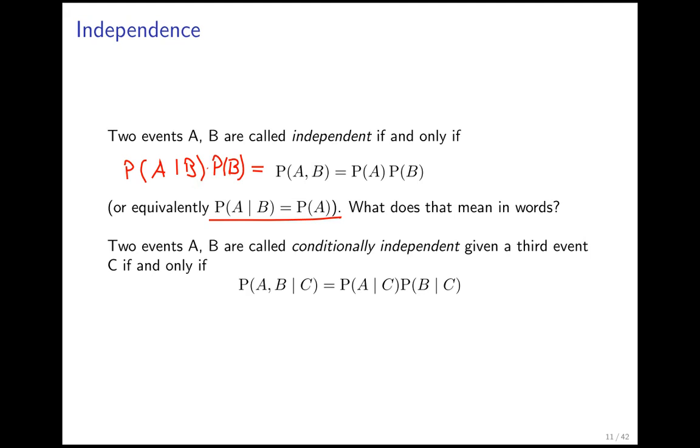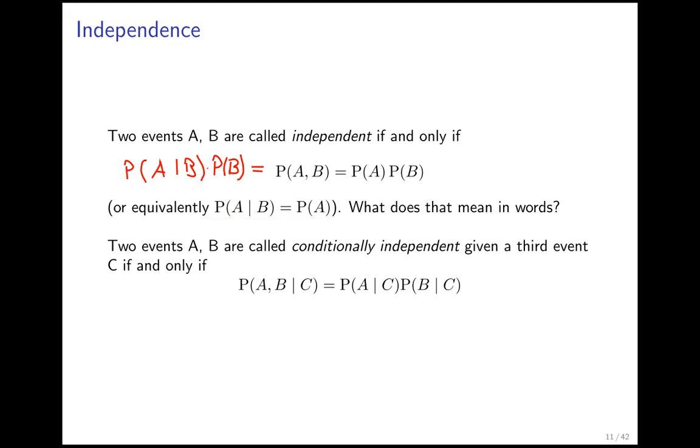And we can define the exact same thing in the conditional case, so we can have two sets A and B, and we condition them on a third event C, and then they are independent if the probability of A and B given C also decomposes into the individual conditional probabilities of A given C and B given C.